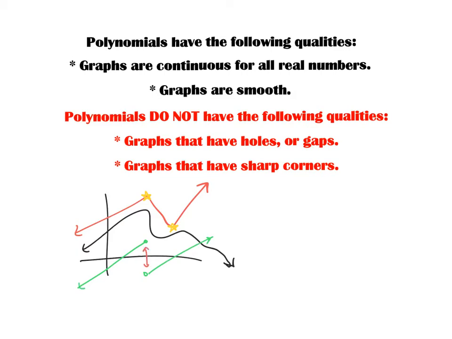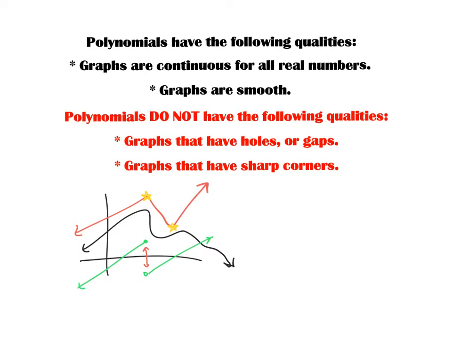That's a no-go. Okay, so polynomials are continuous, which means if you're graphing it you don't have to pick up your pencil or pen or stylus or whatever, and it's still a function, and it does not make any sharp turns, then you've got yourself likely a polynomial.